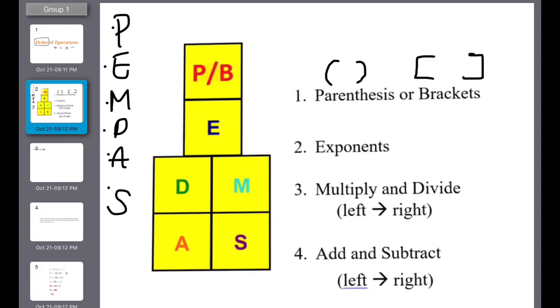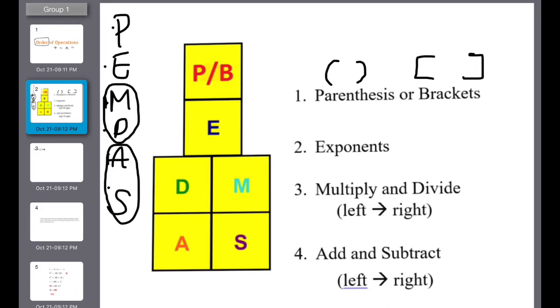Has any of you ever heard that before or had your teachers use that to explain the order of operations? If you have, I want you to forget about it because it makes it appear that multiplication comes before division and addition comes before subtraction. I don't like that.